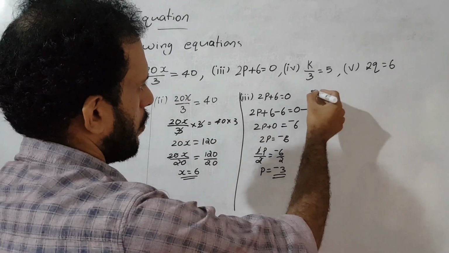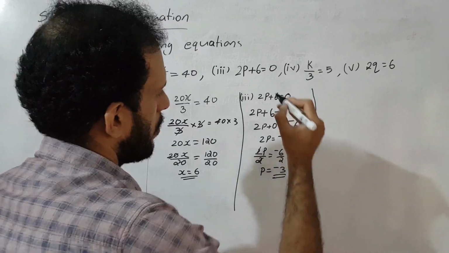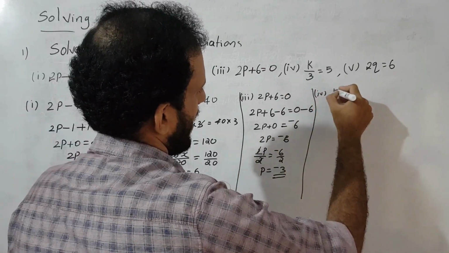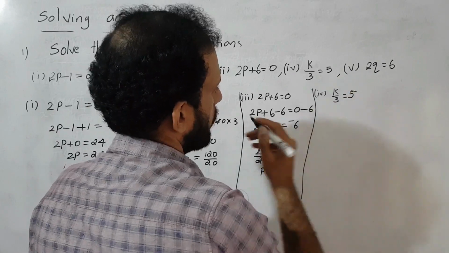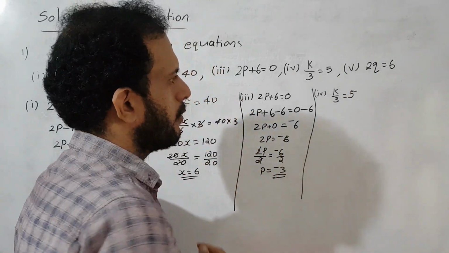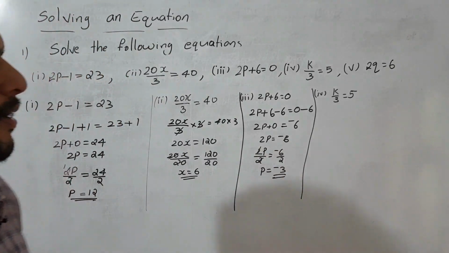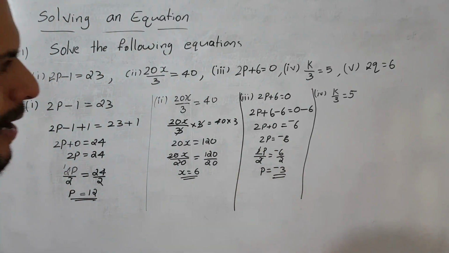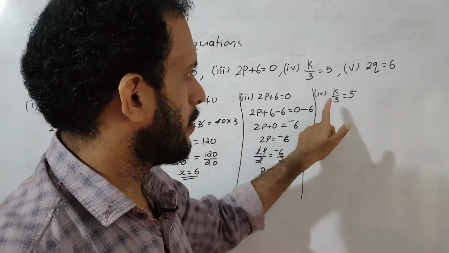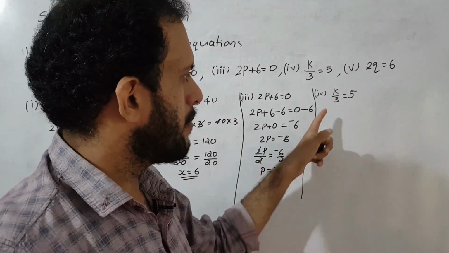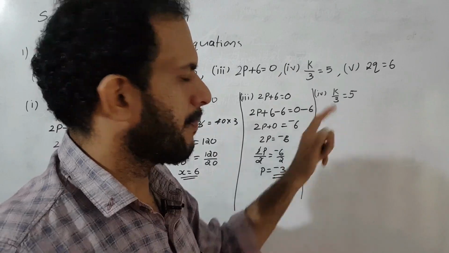Okay, then we go to the next one, that is k by 3 is equal to 5. Then what do we do? We check in the LHS part, how many terms? 2 terms. What are they? K and 3. The term not containing the variable is 3.